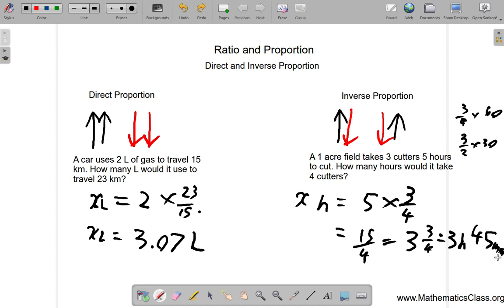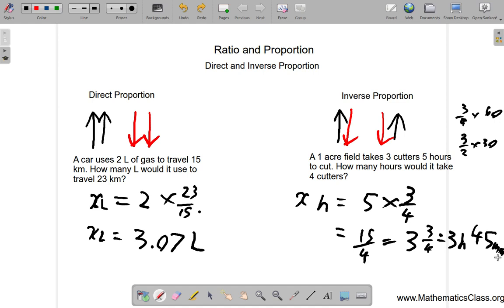Inverse proportion, another example could be speed and time. The faster the vehicle travels, the less time. You increase the speed, you decrease the amount of time it would take, right? A direct proportion could be, like in this case, the amount of gas, or it could be how much flour you would use in a recipe for that number of customers.